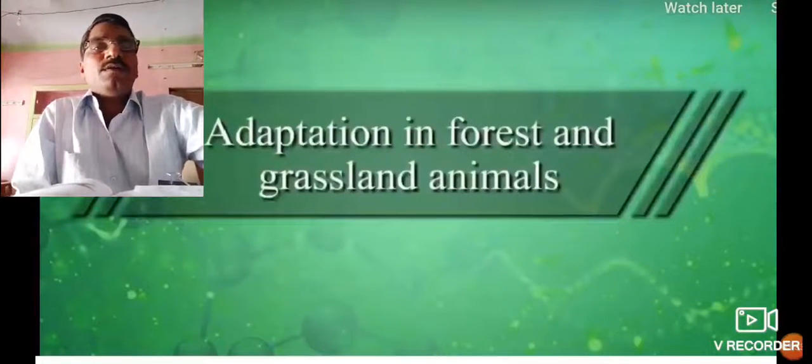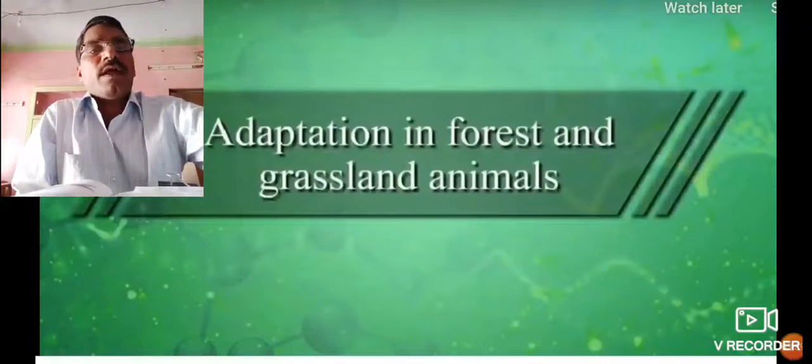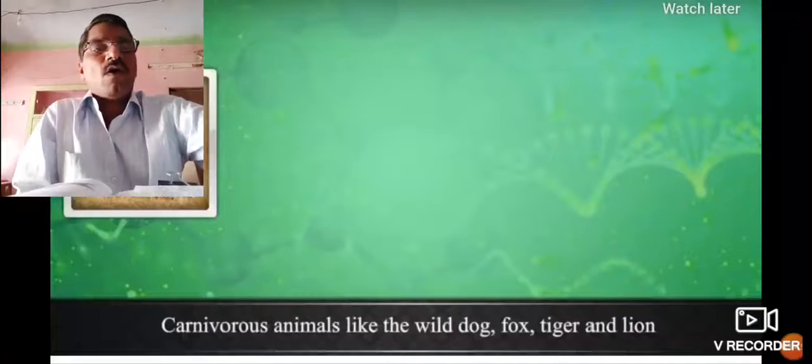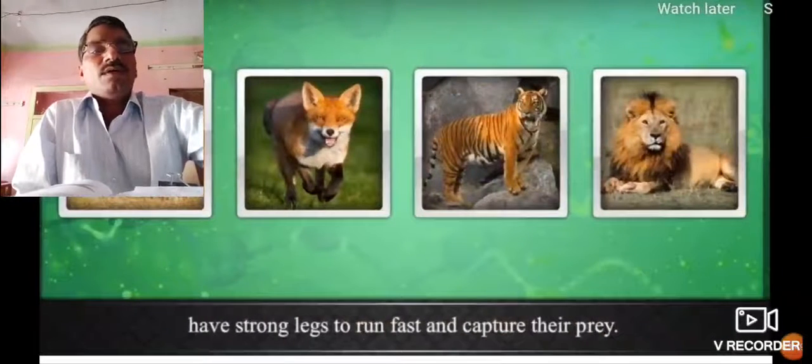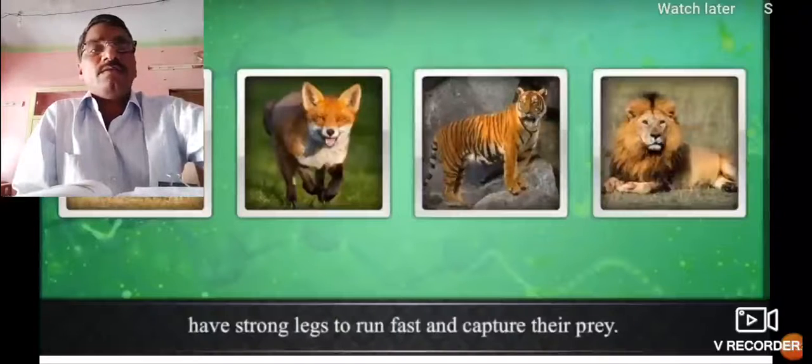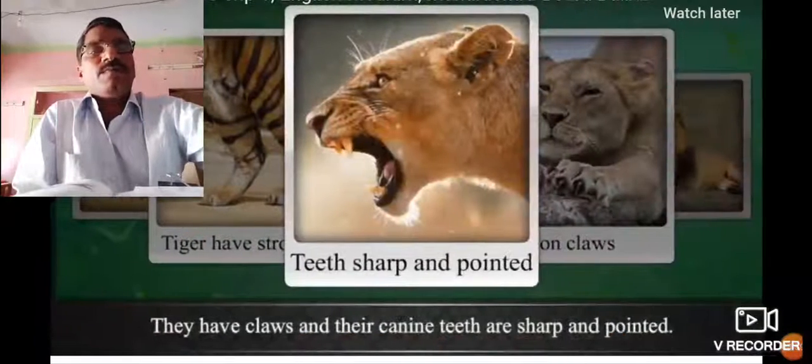Now the next point, dear students: adaptation in forest and grassland animals. Carnivorous animals like the wild dog, fox, tiger and lion have strong legs to run fast and capture their prey.